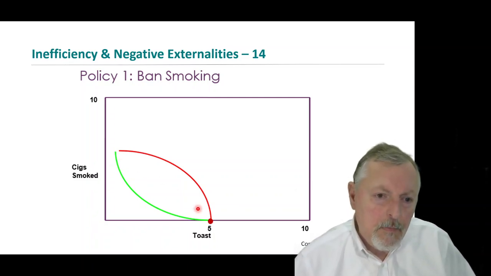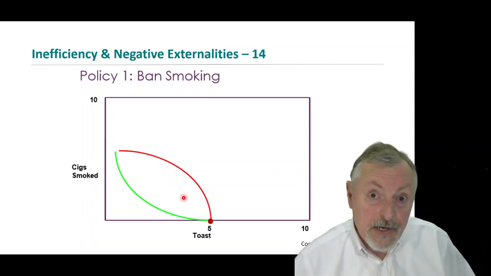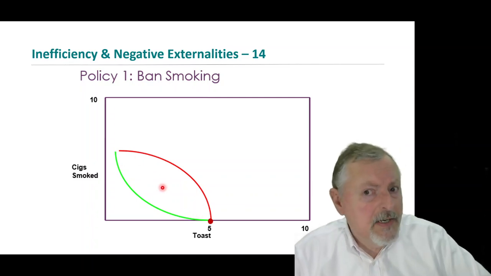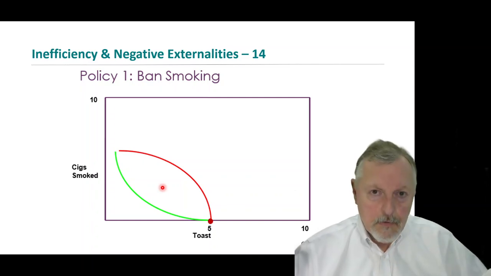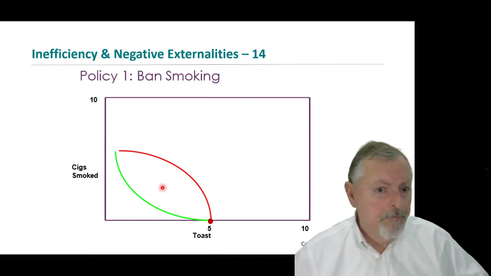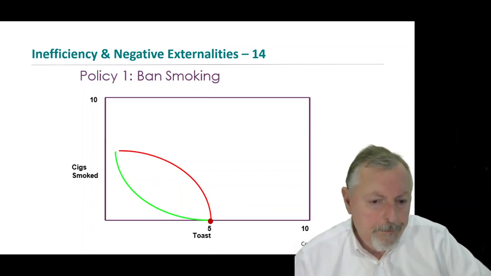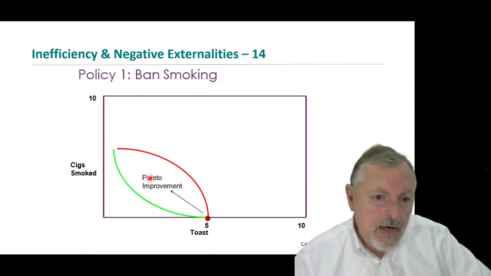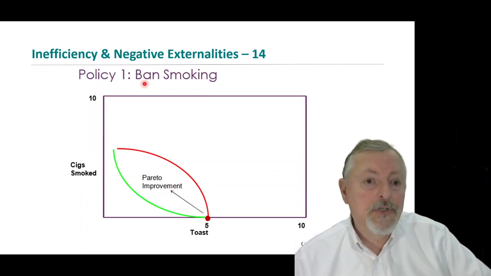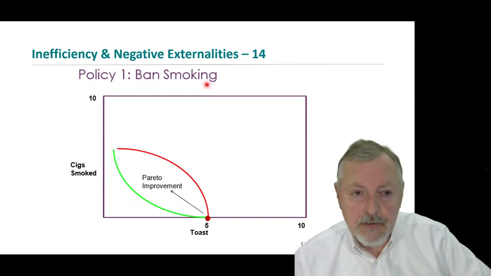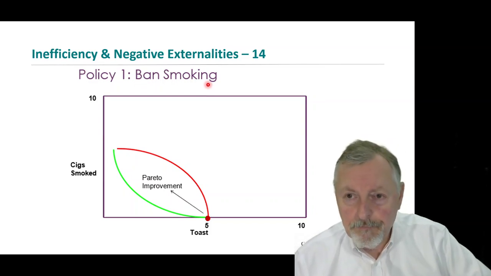All of these outcomes in this Edgeworth box would make both sides better off by their definitions of utility, but they can't get to them. This trade, this Pareto improvement, is not possible because you can't purchase the right to smoke.